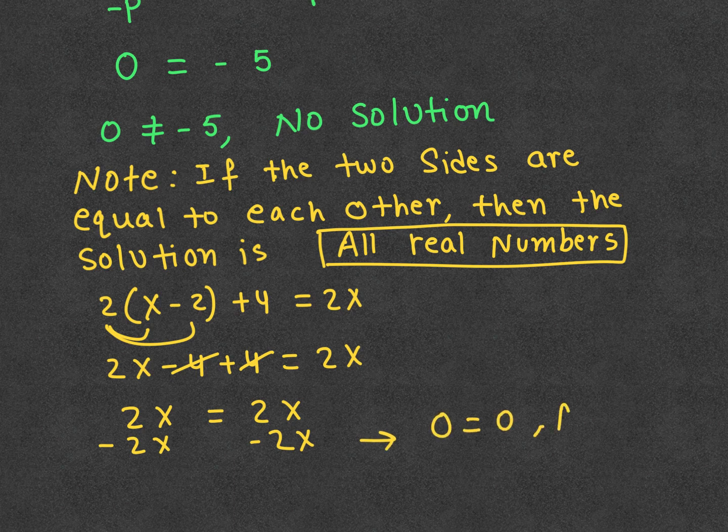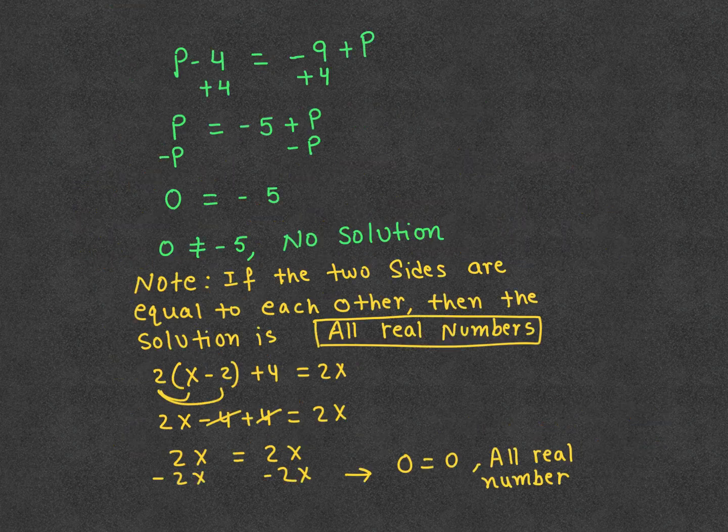So we say all real numbers is the solution set. When the two sides are equal to each other, we say all real numbers. And when the two sides are not equal to each other, then we say no solution. So these two questions are special types which will give us an answer of either no solution or all real numbers.